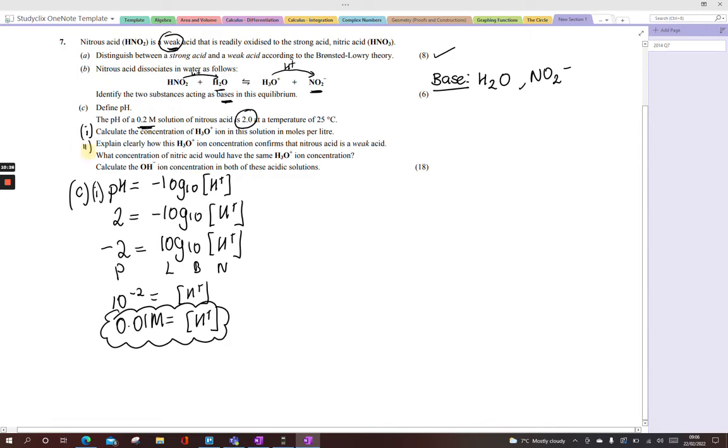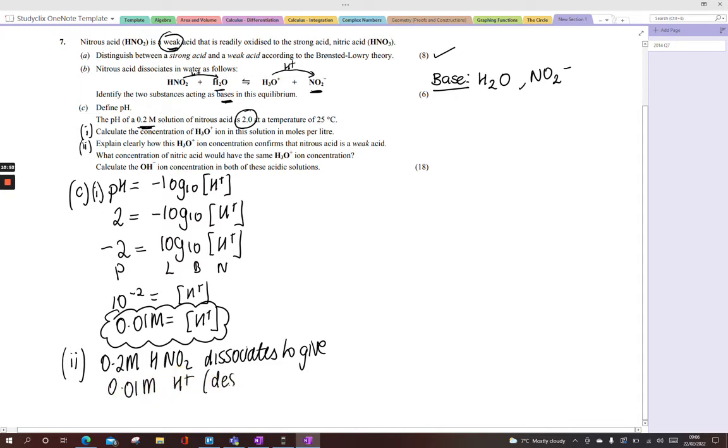Part 2. Explain clearly how this hydrogen ion concentration, or your H3O plus, your hydronium ion concentration, confirms it's a weak acid. It confirms it as 0.2 moles per litre of your nitrous acid dissociates to give 0.01 molar hydrogen ions, despite the fact it's a monobasic acid.